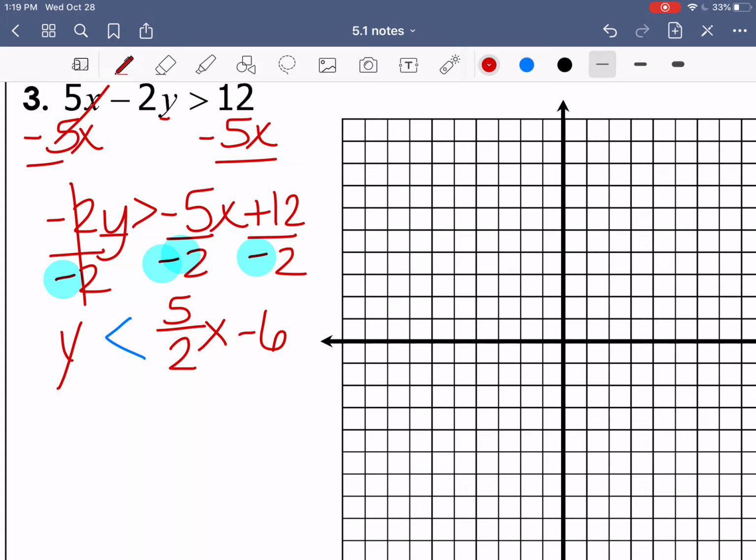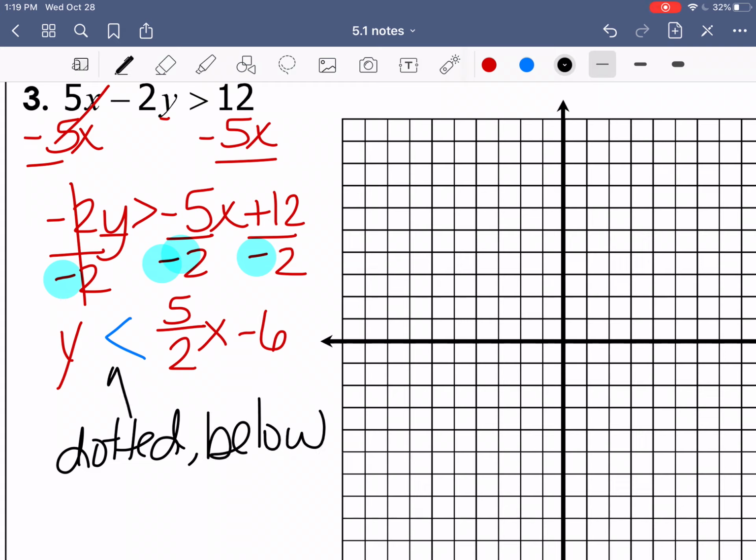So based off of my inequality sign, which is now less than, I'm going to have a dotted line, and it's going to be below because there's no equal to line.